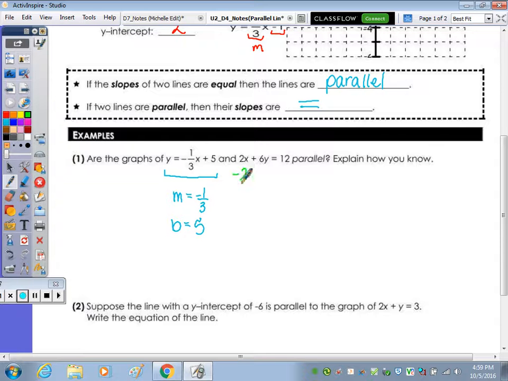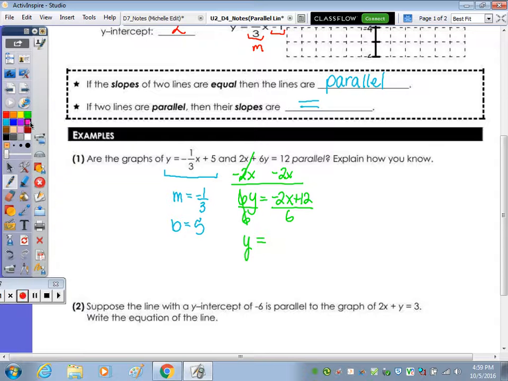So subtract 2x. I have 6y equals -2x plus 12. You could write 12 minus 2x, but I want it in the form y equals mx plus b, so I want the x term first. Divide by 6. 6/6 is 1, or 1y.